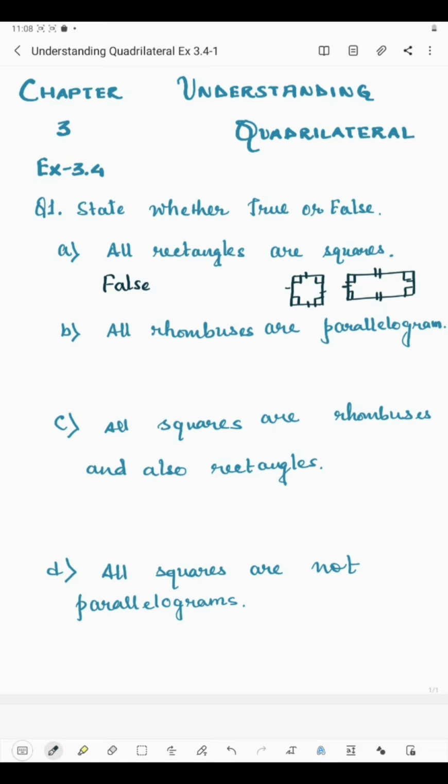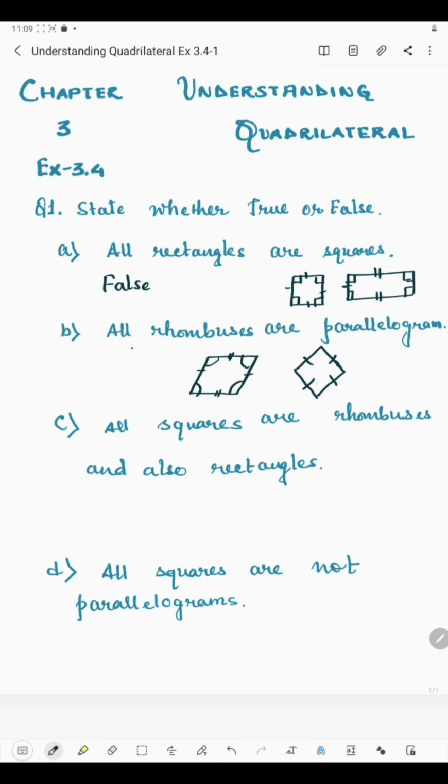Now in the B part we have: all rhombuses are parallelograms. In a parallelogram opposite sides are equal and parallel, and opposite angles are equal, and in a rhombus all sides are equal.